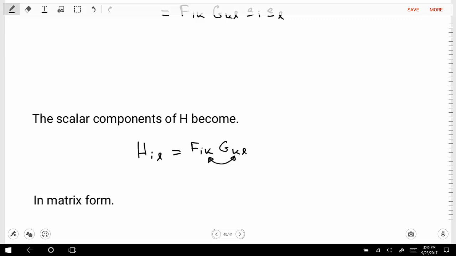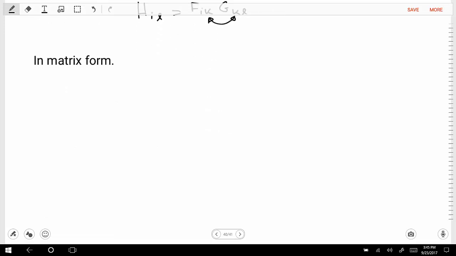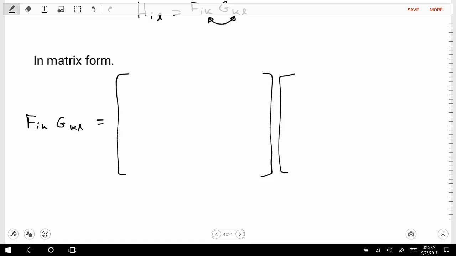So, how do we then define this in matrix form? Well, it gets pretty nasty, but let's work through it. So in matrix form, we've got this F_ik, G_kl. Let's put each of these as a matrix. So let's define them.